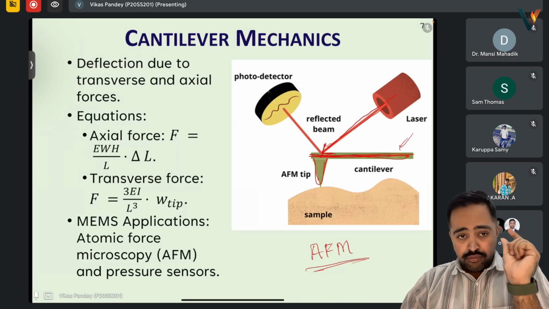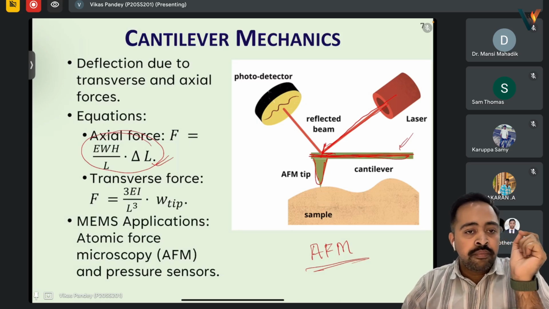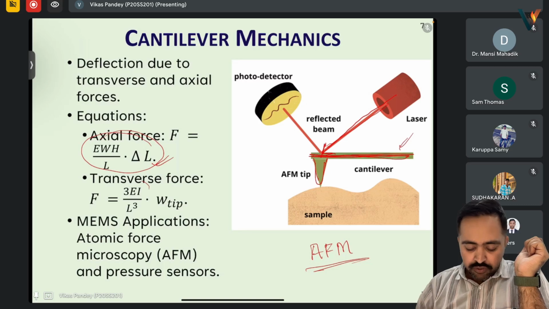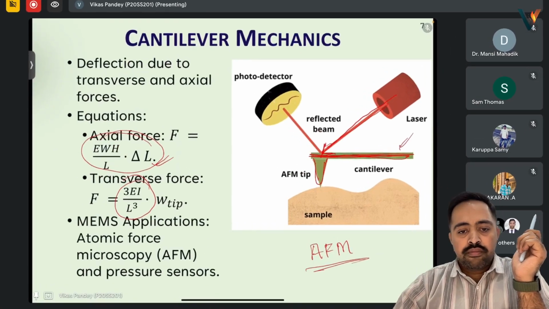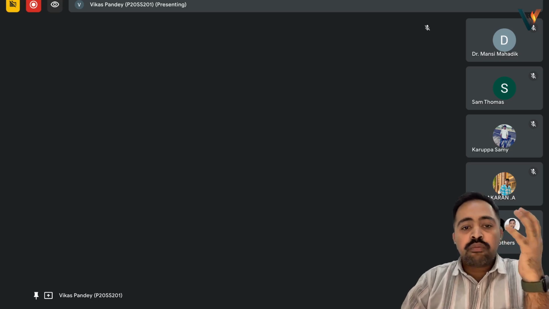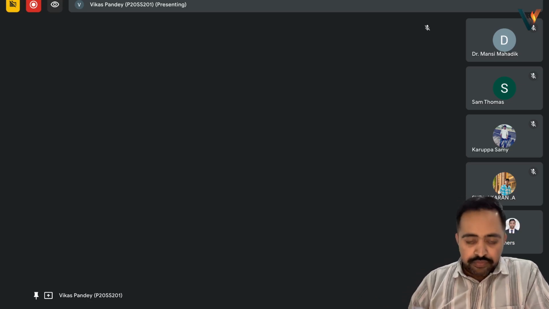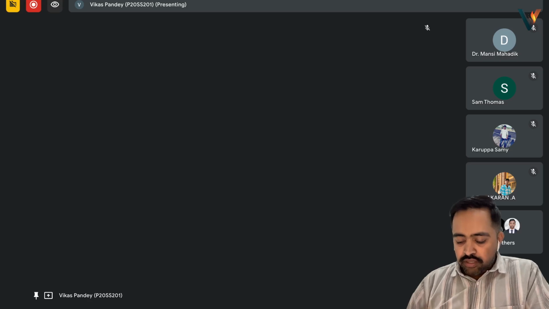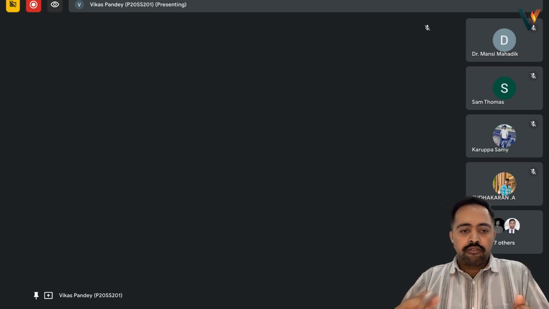These two forces are defined by the equation: EWH upon L times delta L defines the axial force, and the transverse force is 3EI upon L cubed times W tip. E here is the Young's modulus of the cantilever material. W is the width of the structure. If we see it from the top, it should be a bit thicker, so it will have a width.